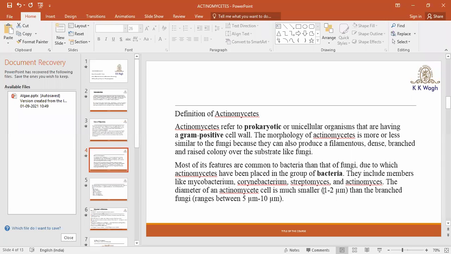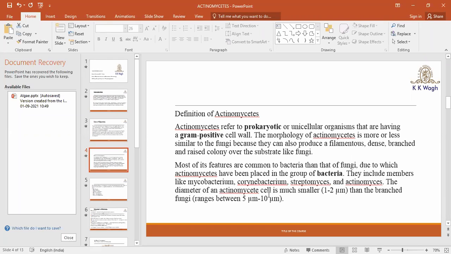Next is the definition. Actinomycete refers to prokaryotic, unicellular organisms that have a gram positive cell wall. The morphology of the actinomycete is more or less similar to fungi because they can also produce a filamentous, dense, branched, rayed colony over the substrate like fungi. They include genera like Mycobacterium and Corynebacterium.